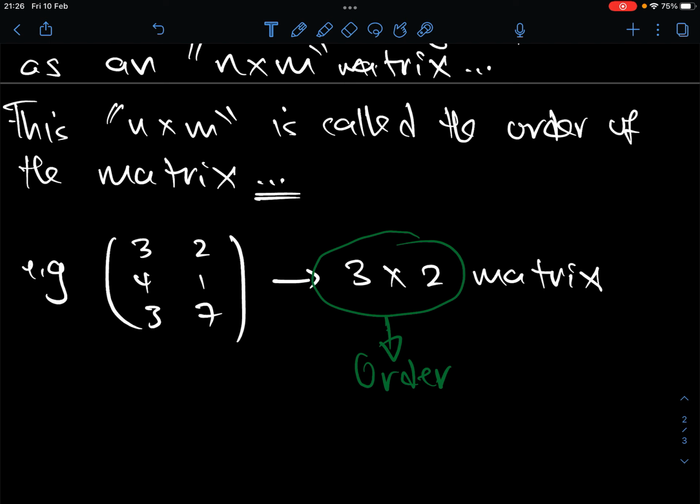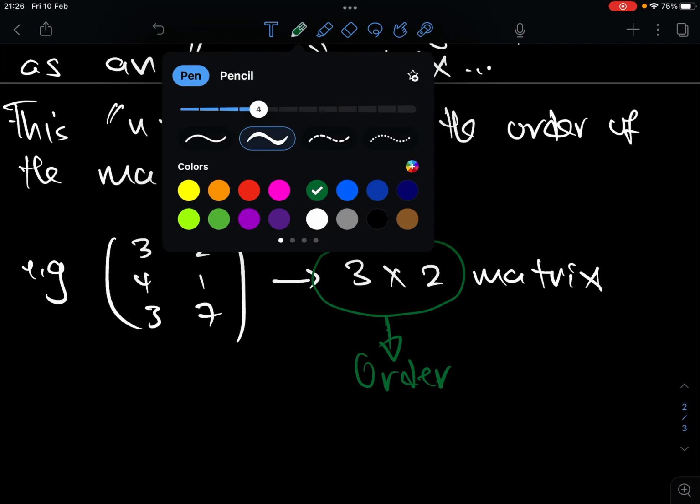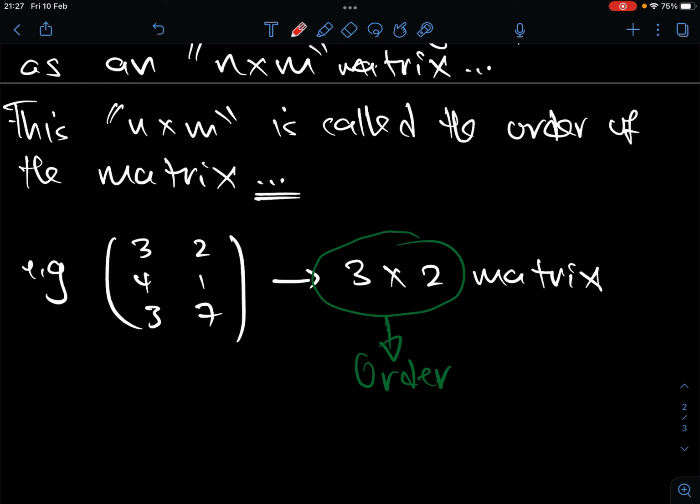So let me put that also as a comment so that you don't get confused, because that's a convention that we must strictly adhere to.